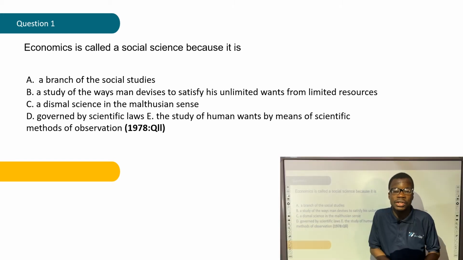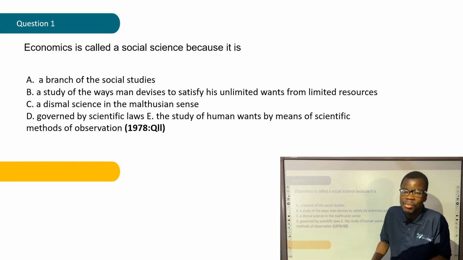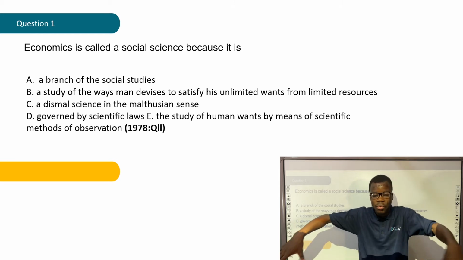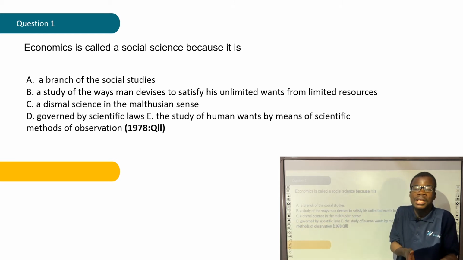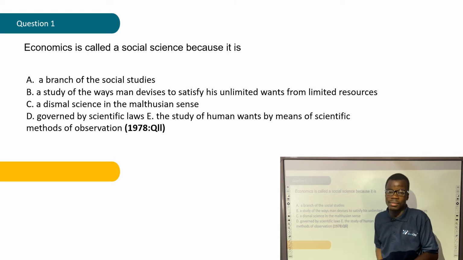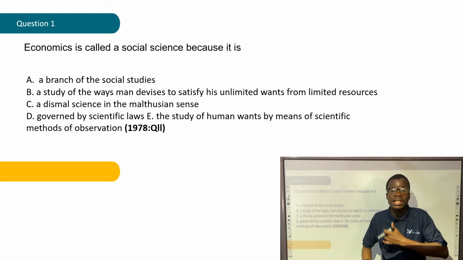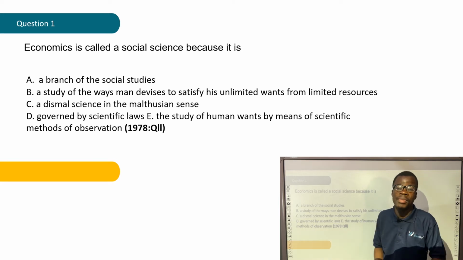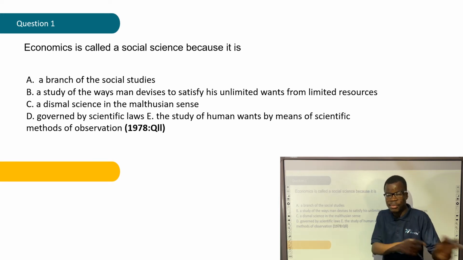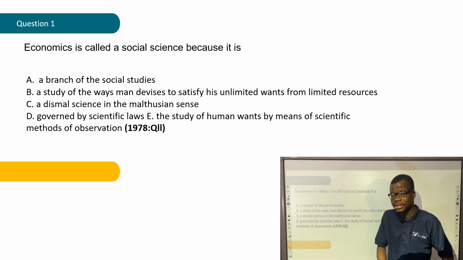Social study is a subject on its own, a discipline on its own, a course on its own, while economics is also a subject on its own that studies human behavior. Any subject that studies human behavior is referred to as social. Anything that studies interrelationship between human beings is referred to as social. But economics is not a branch of social study. I need you to get that.